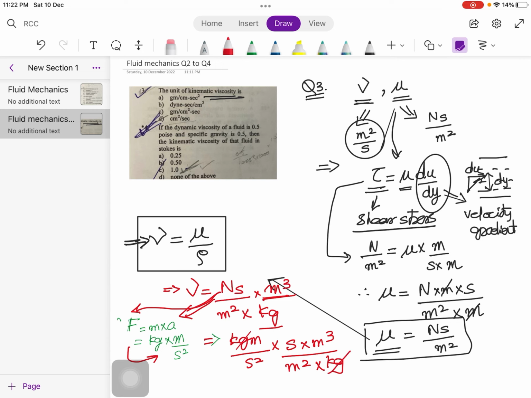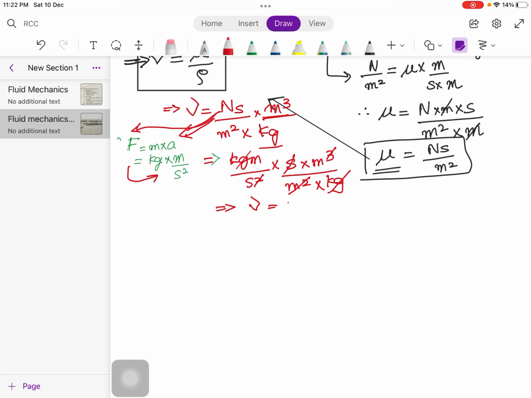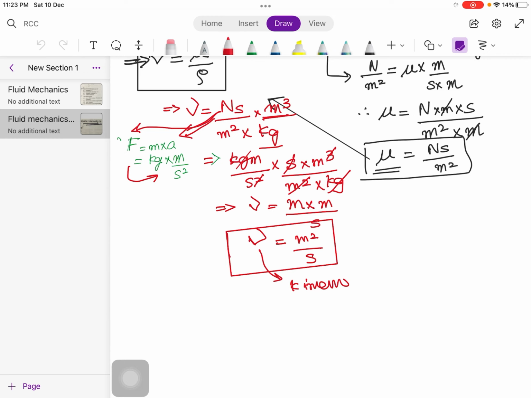So if we rearrange this equation, we get nu equals meter times meter upon second, which equals meter square upon second, which is the unit for nu or kinematic viscosity.